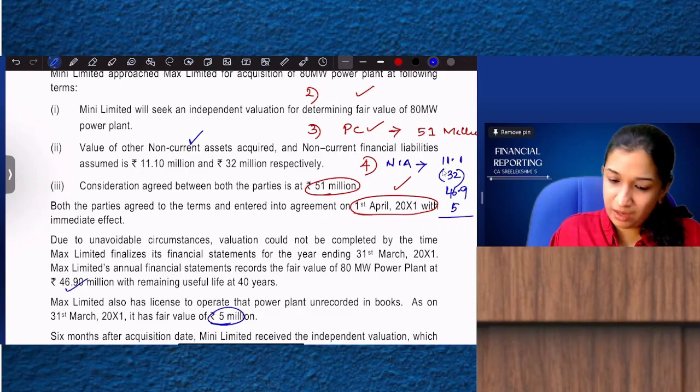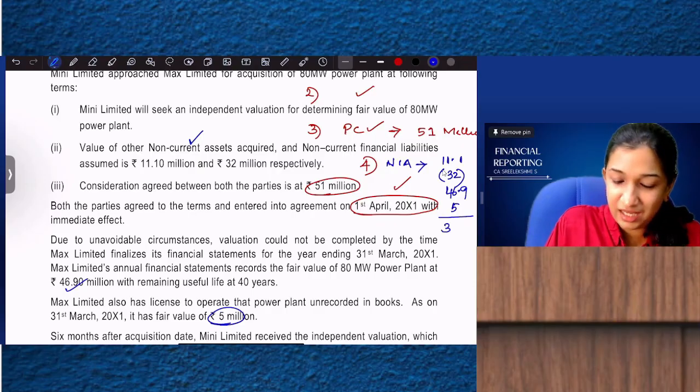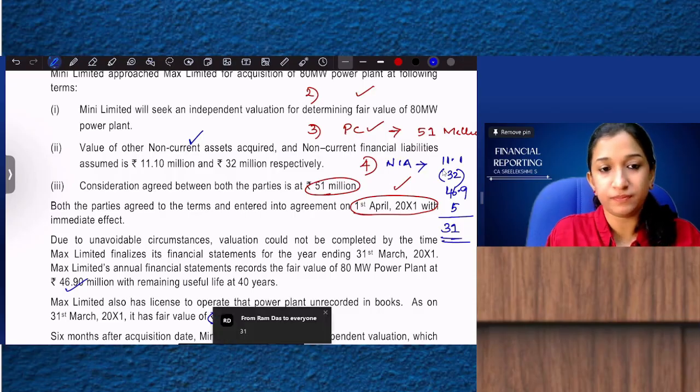So 11.1 plus 46.9 plus 5 minus 32. How much is the net identifiable assets? 31. Net identifiable assets 31.